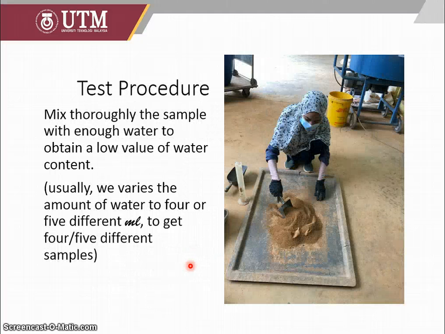So this is roughly the testing procedure that is included during the process. We have to mix thoroughly the soil sample with a certain amount of water. So this is one sample. We might have 4 to 5 different water samples, so we can get 4 to 5 different samples.